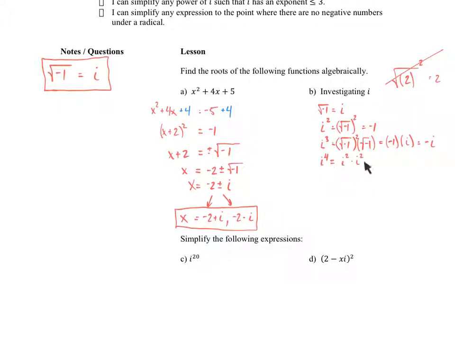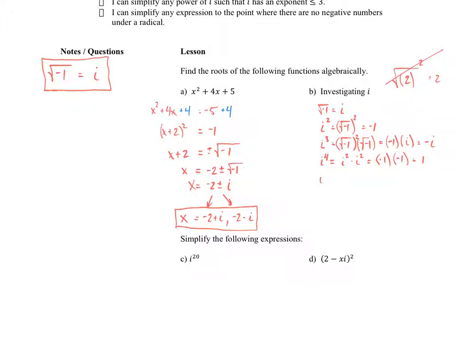So this expression is equivalent here. But we have an identity already for i squared. What does i squared equal? It equals -1. So these are each negative ones. -1 times -1 is 1. So if we have i to the fourth, that's really the same as just 1, which is a nice thing to remember because that's going to help us out a lot in the future.